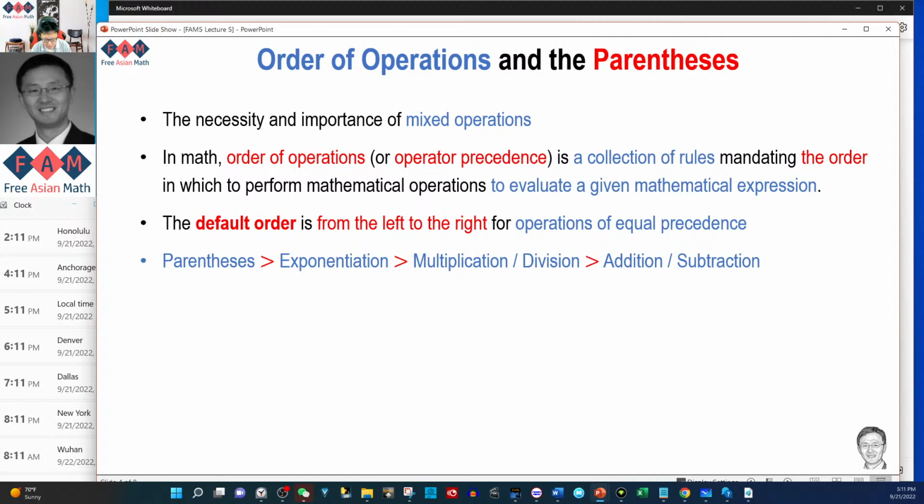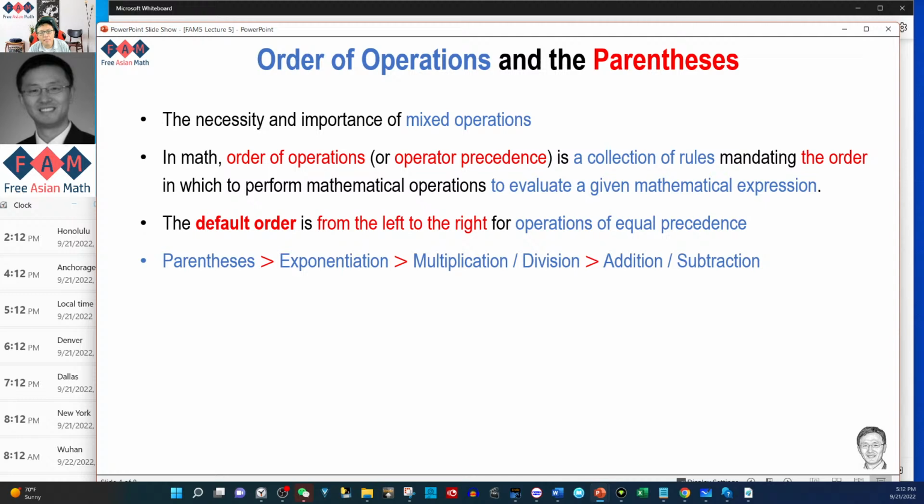First of all, you have different precedences of operations. In general, addition and subtraction are the easiest. And there's a very good explanation why that is. So the next level would be multiplication and division. And the next level after that would be exponentiation.